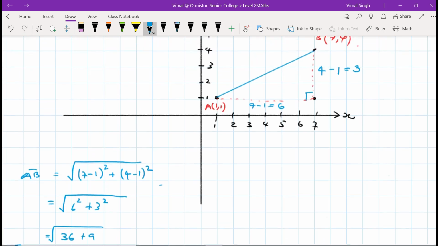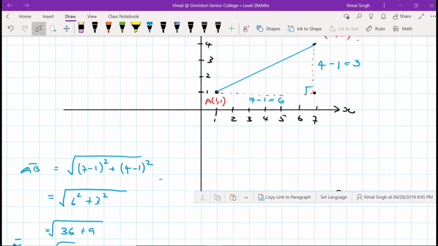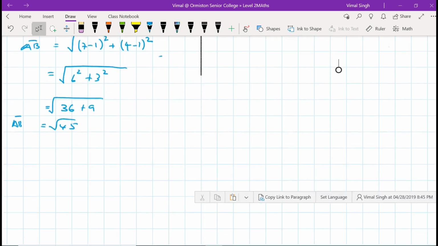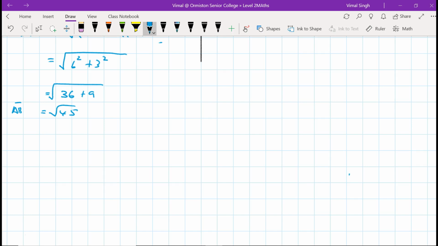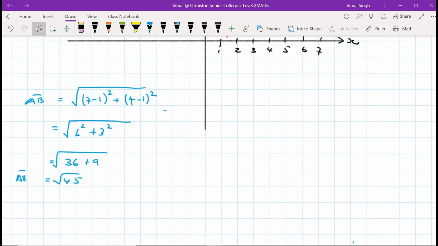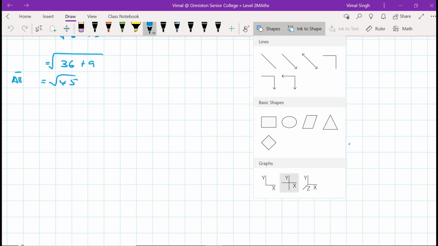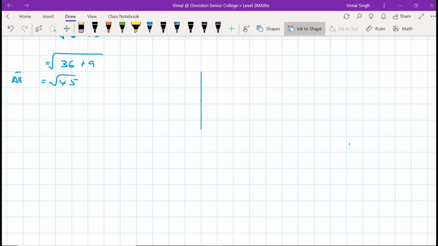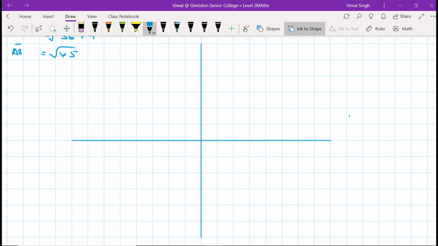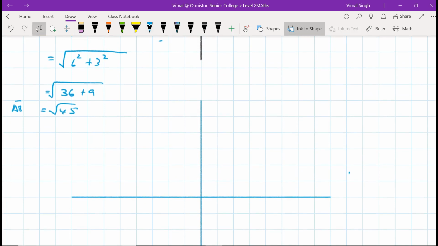So let's go back and have a look at this, and let's say I have been given, let me draw a Cartesian plane over here. Okay, and let's say I've been given 2 points over here, one over here.